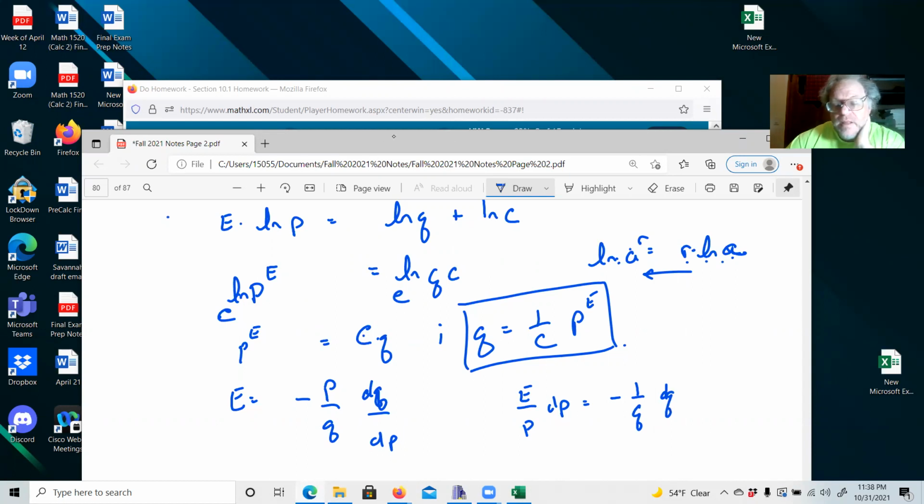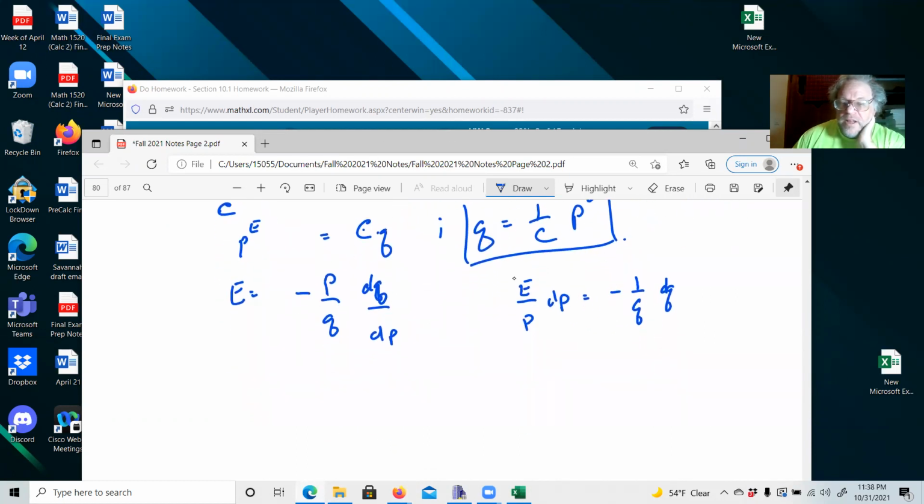All right. So integrate both sides. Maybe not much changes. So we get E ln of P is equal to negative ln of Q plus ln of C. And they want this thing in terms of Q. Q equals.